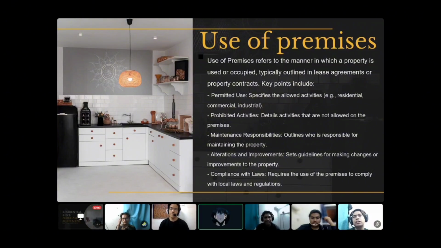Next is maintenance responsibilities, which outline who is responsible for maintaining the property. Next is alteration and improvement, which sets guidelines for making changes or improvements to the property. And last but not least is compliance with laws, which requires the use of the premises to comply with local laws and regulations.